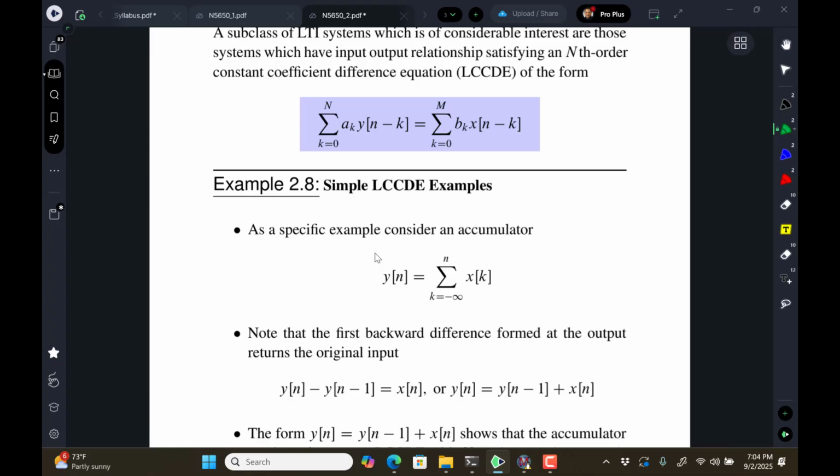We're putting everything from this side onto this side except, let's see, I can write this out.